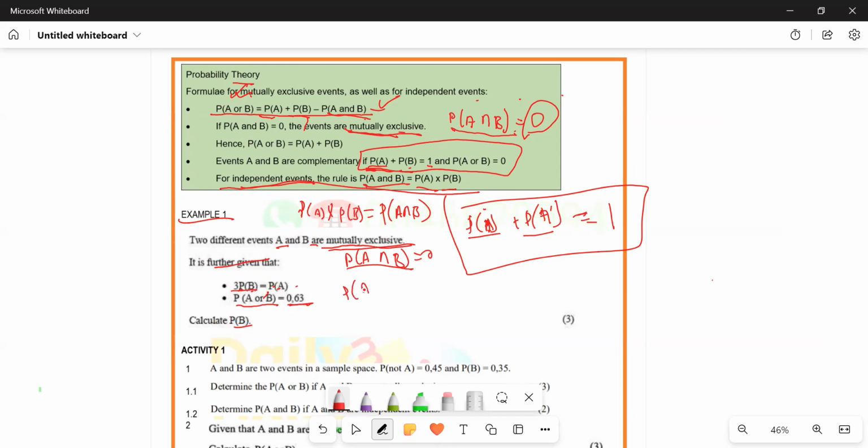It means I can say the probability of A or B is given as the probability of A plus the probability of B minus the probability of A and B. Let's substitute what we know.